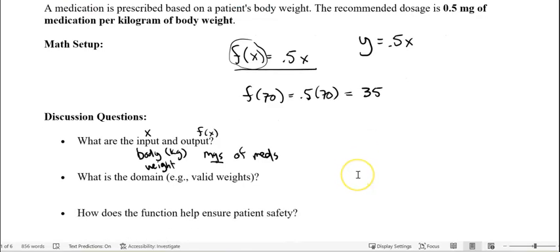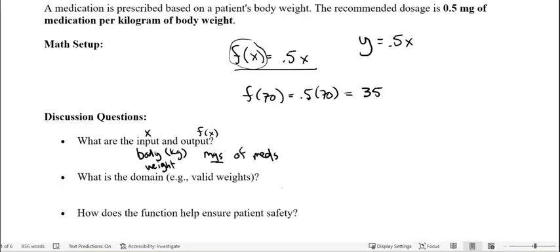So what is the domain? Okay, so domain are all the valid values for the input. So the question would be, what's the smallest input? Well, you got to start at 0. It can't be negative, right?